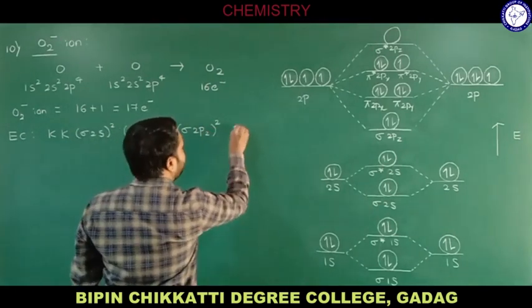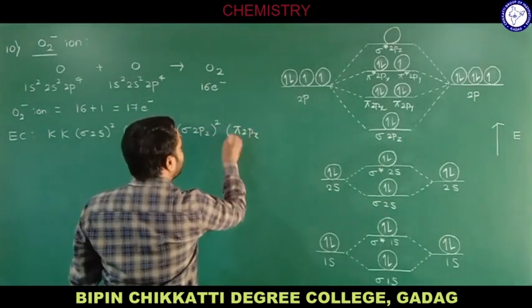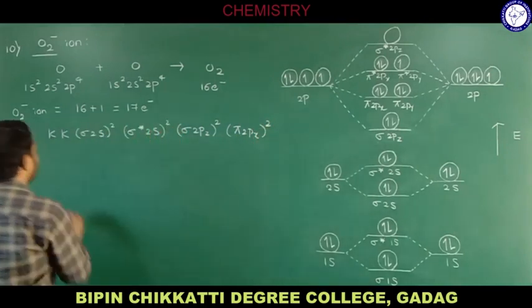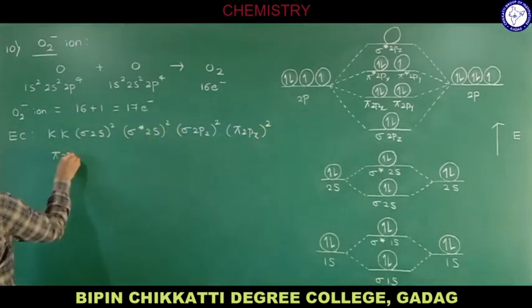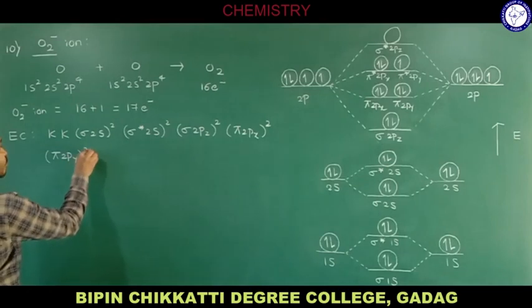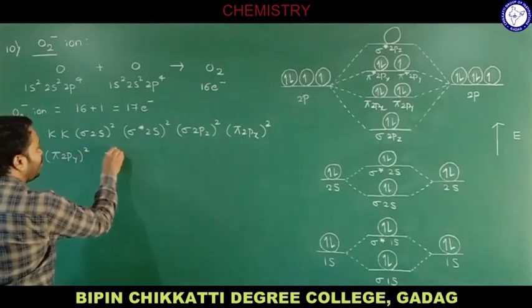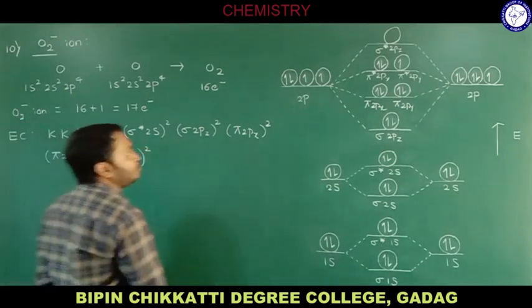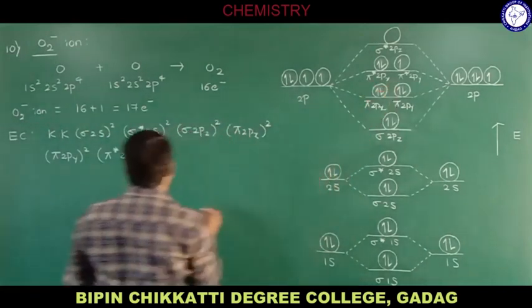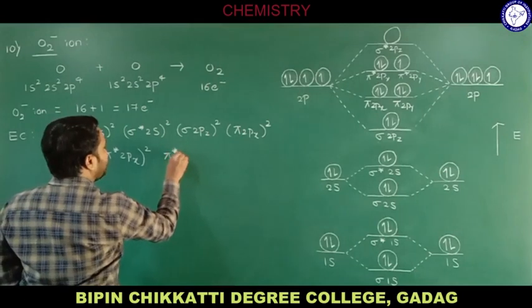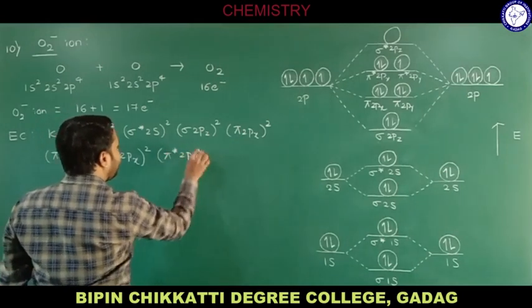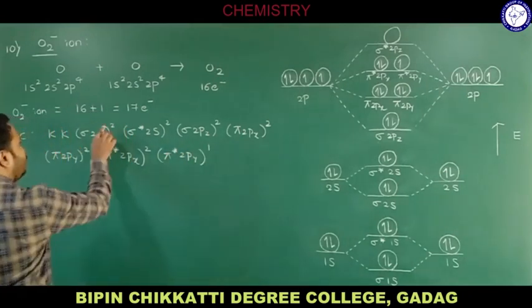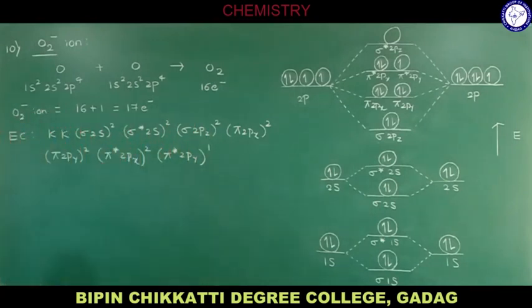Next will be pi 2px, in that MO also 2 electrons, and pi 2py, here also we have 2 electrons. Now observe the next one, pi star 2px, I have 2 electrons here, and one more we have, that is pi star 2py, but here we have 1 electron. If you count the number of electrons, that should be exactly 17.